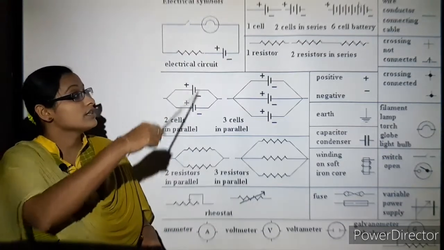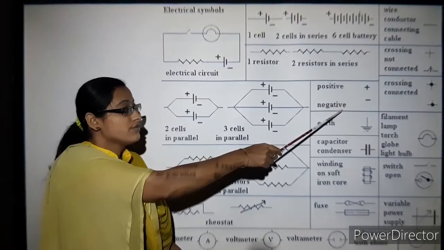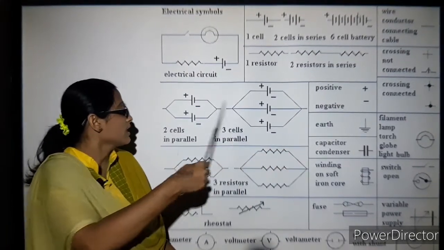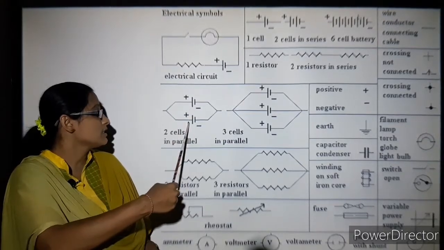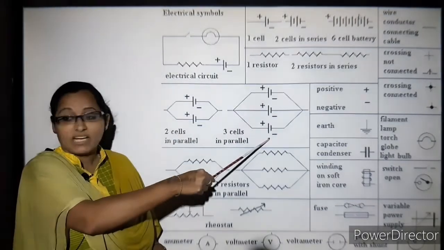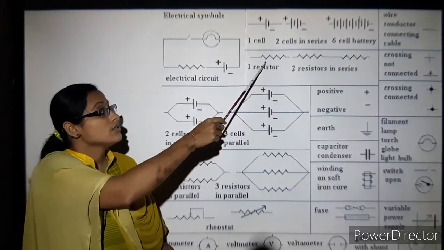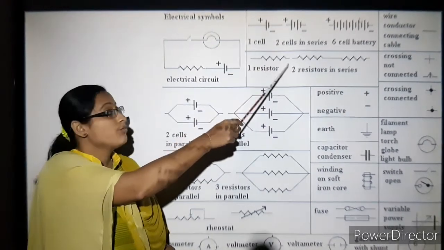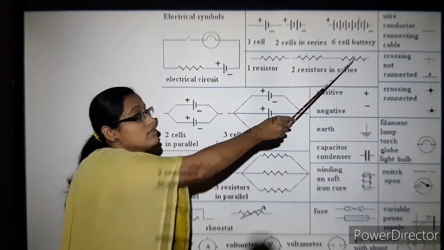So these are the electrical symbols. You can go through them: positive terminal, negative terminal, earthing. Then you can see cells connected in parallel, two cells here, then three cells connected in parallel, one below the other. You can see resistors. Resistors will always be on the sides, one resistor, two resistors, that is in series.